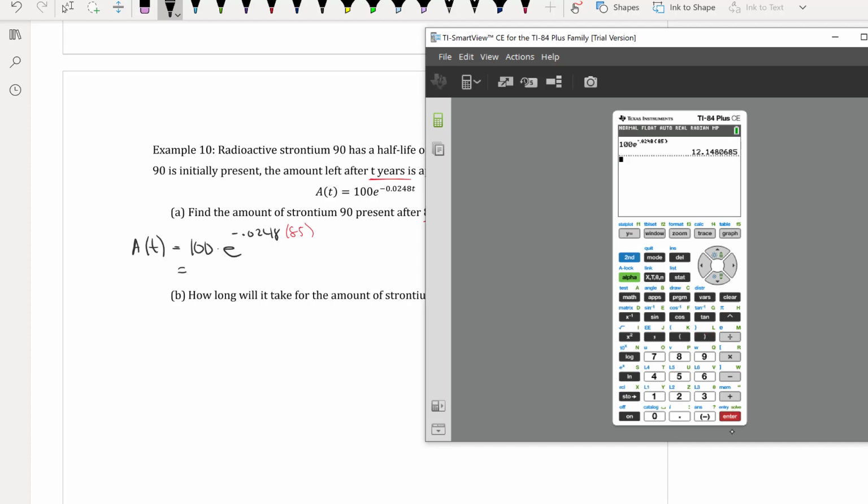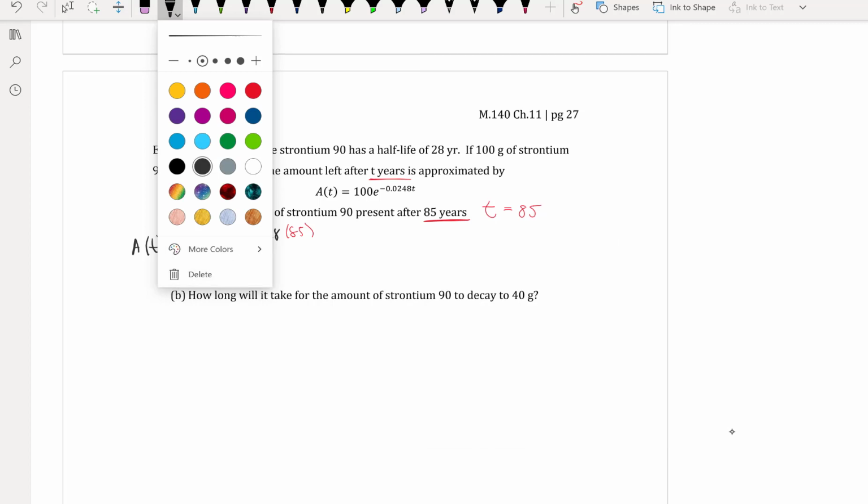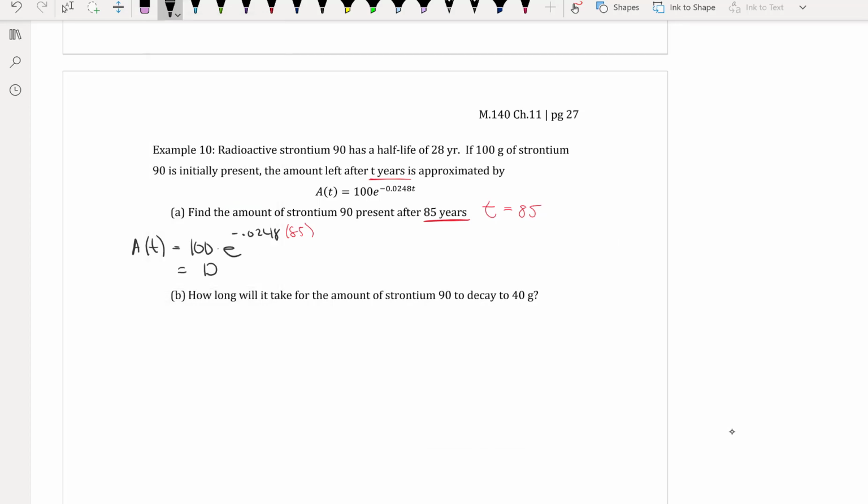So it looks like it's 12.14 or 12.15. So 12.15. And it would be G for grams.